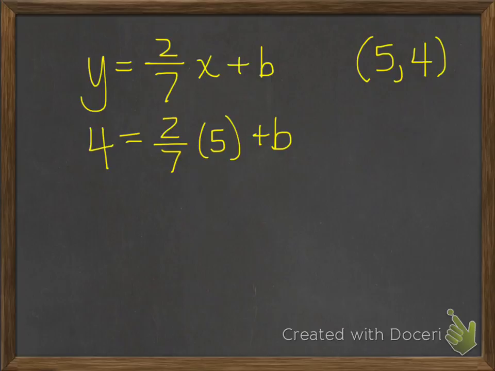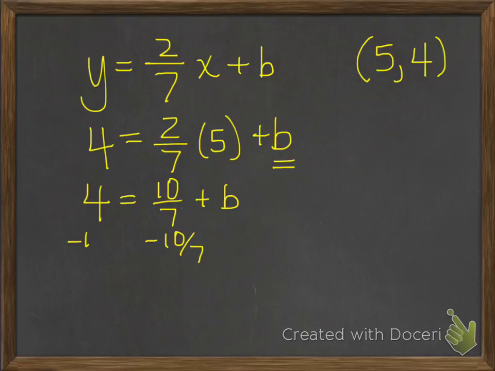What we want to see is if we're going to come up with the same number for b. So we get 4 is equal to 10/7 plus b. If I subtract 10/7 from both sides, then on the right side I end up just with b.